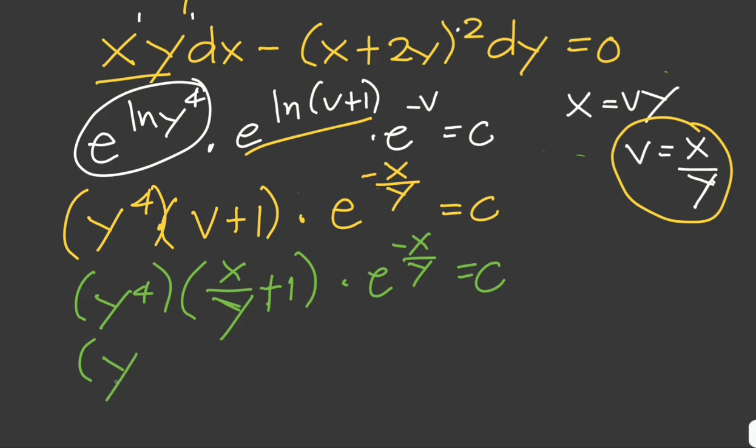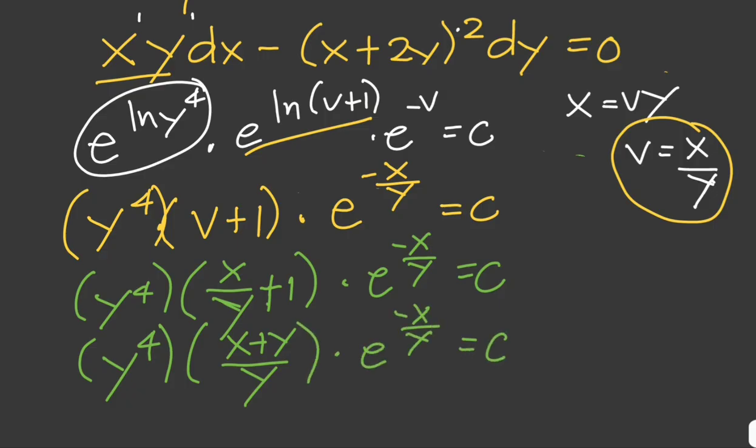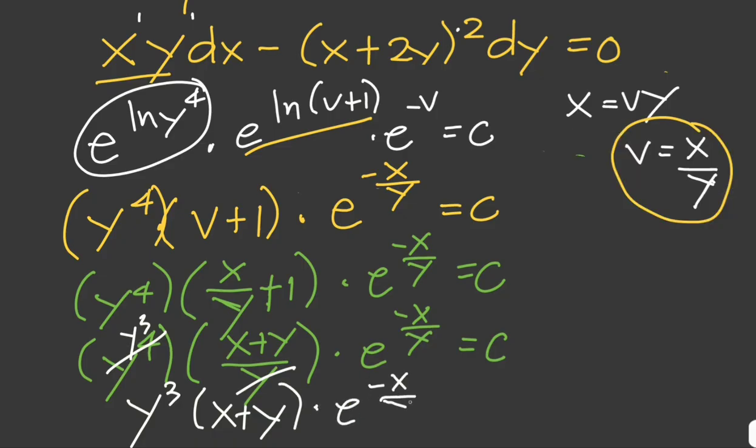Then this would be y to the fourth. x over y plus 1 is just x plus y over y, times e to the negative x over y equals c. y here cancels out, and we're left with y cubed. Then we have y cubed times x plus y times e to the negative x over y equals c.